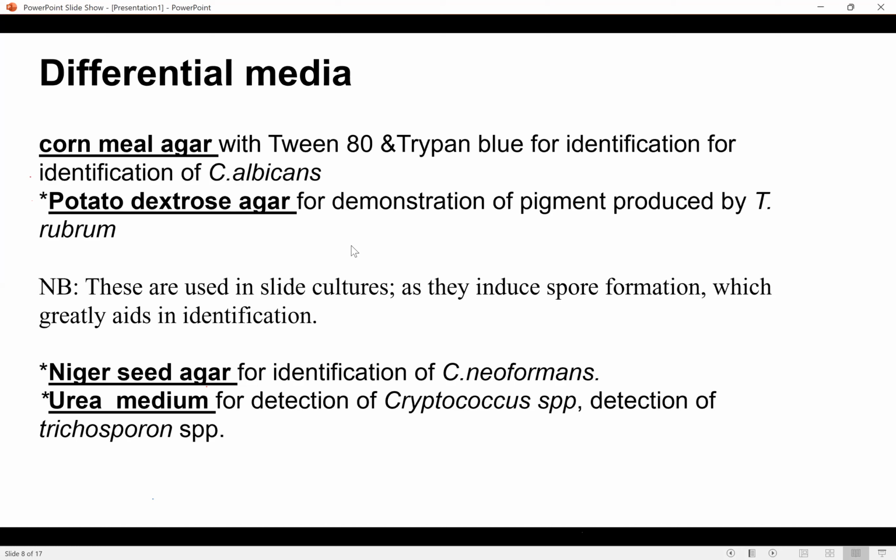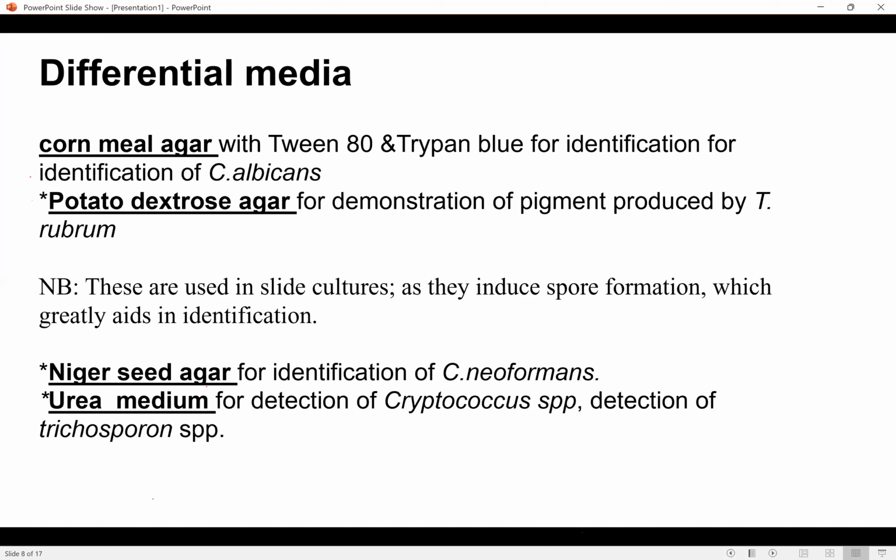We also have potato dextrose agar. Again, we can use potato dextrose agar as a general purpose medium, just like Sabouraud dextrose. Either of them is very okay for use in cultivation, or potato flake, as indicated. But we could as well use potato dextrose agar for demonstration of pigment produced by some organisms. These cultures are usually done on slides in order to induce spore formation.